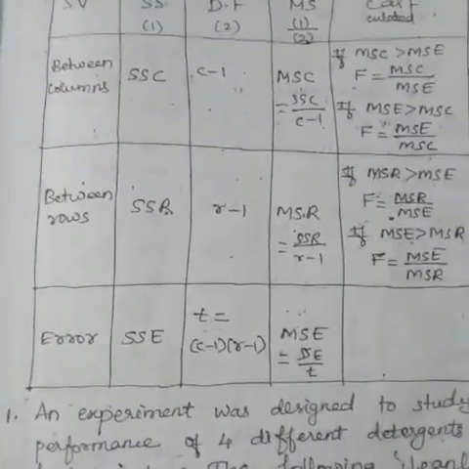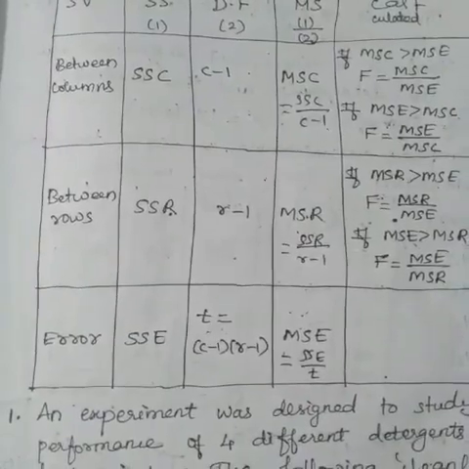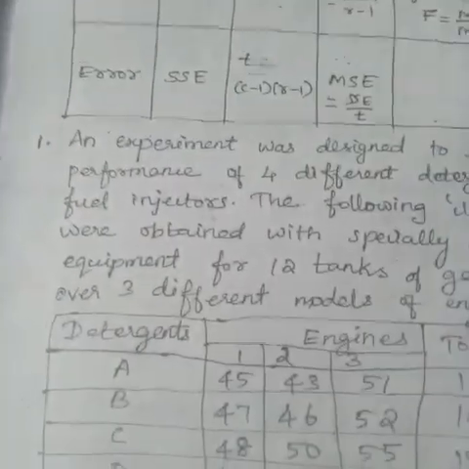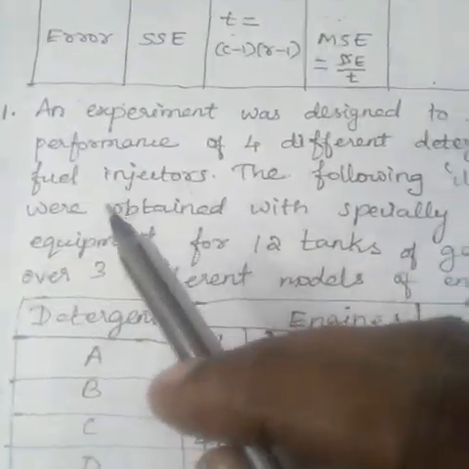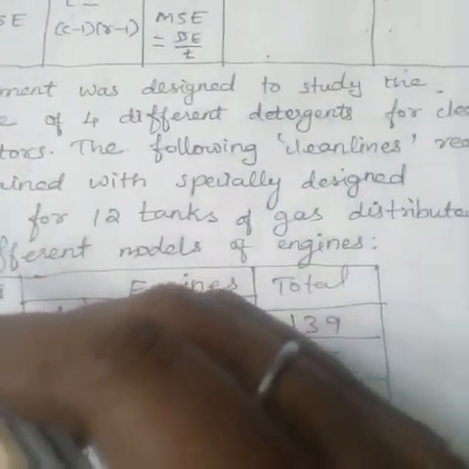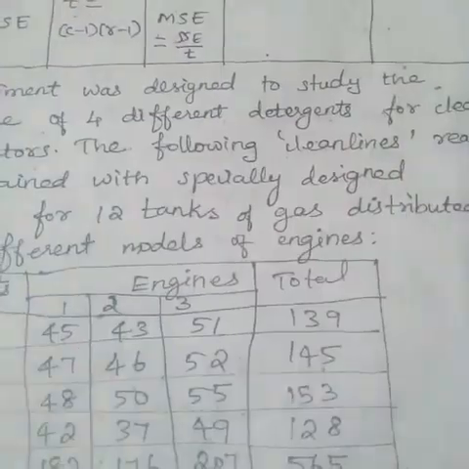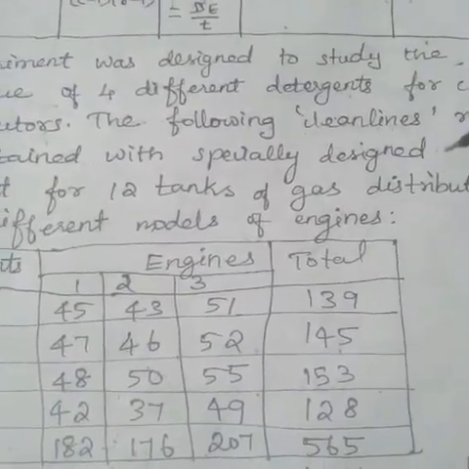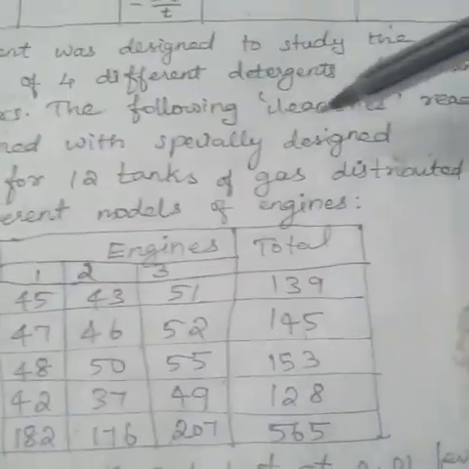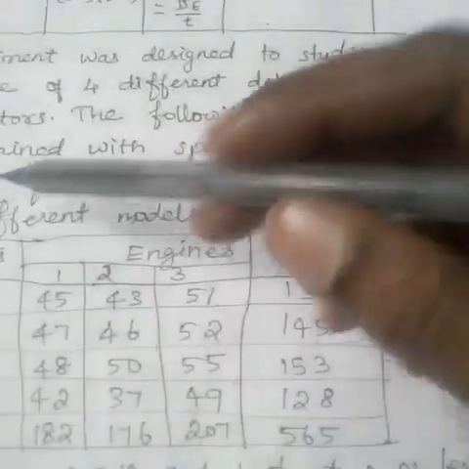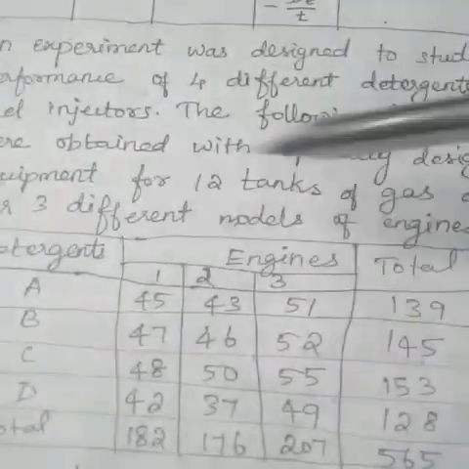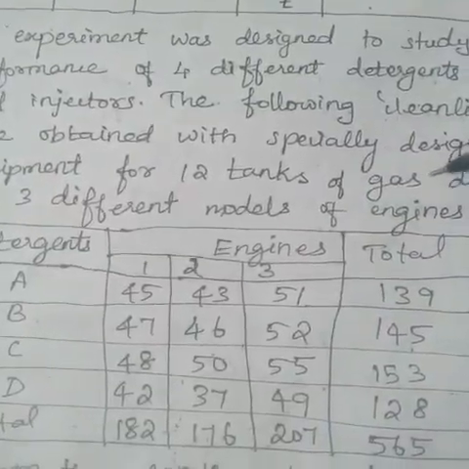Okay, now we will see the problem. Now let us see the problem based on two-way classification. An experiment was designed to study the performance of 4 different detergents for cleaning fuel injectors. The following cleanliness readings were obtained with the specially designed equipment for 12 tanks of gas distributed over 3 different models of engines.